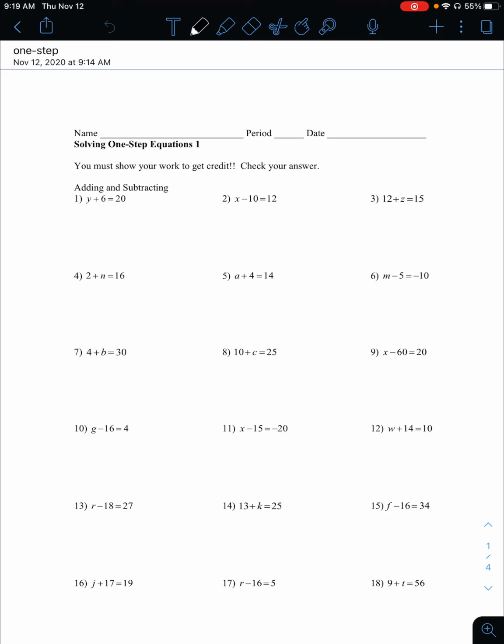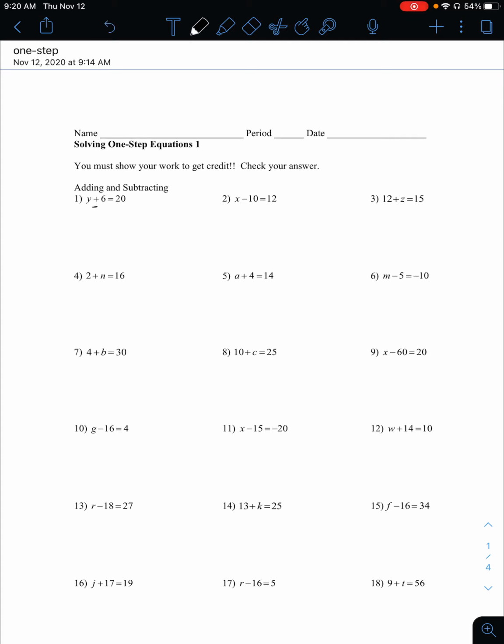So we need to do the opposite operation of what is happening to y to get y by itself. What does that mean? Well, it means that 6 is being added, so to do the opposite means to subtract.